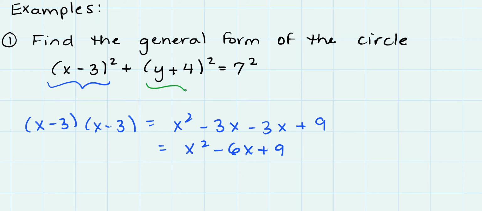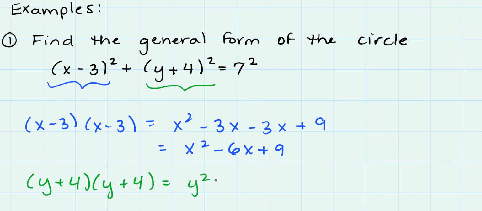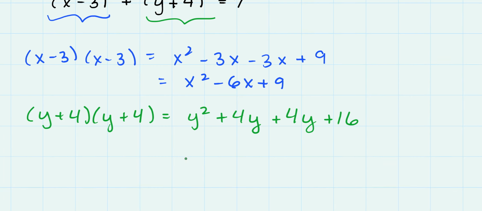Now in green, let's multiply y plus 4 times y plus 4. We'll get y squared plus 4y plus 4y plus 16. If we clean that up, this is y squared plus 8y plus 16.